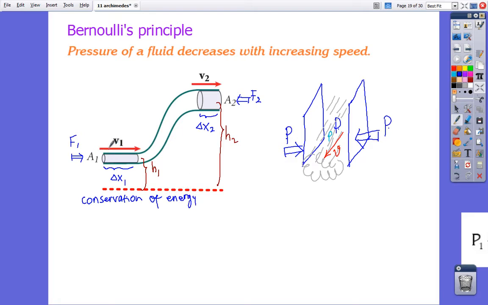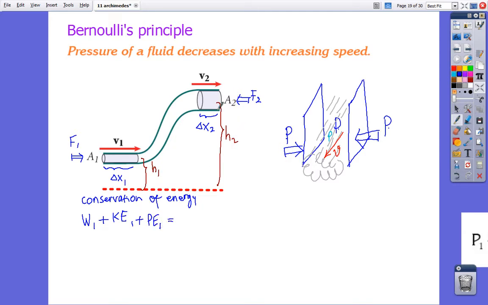In the left pipe, the first force acts on the water, pushing it as far as delta x1. So there will be work done in this part, and it has velocity, which means it has kinetic energy, and it is located at some height from the ground, so it also has potential energy.